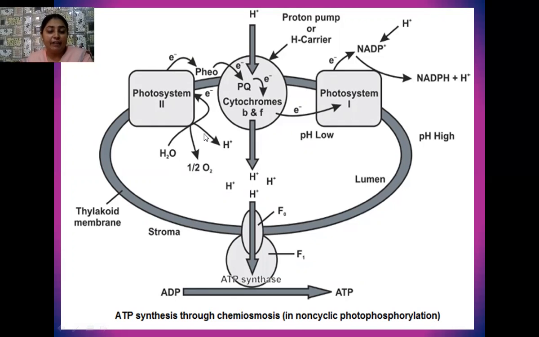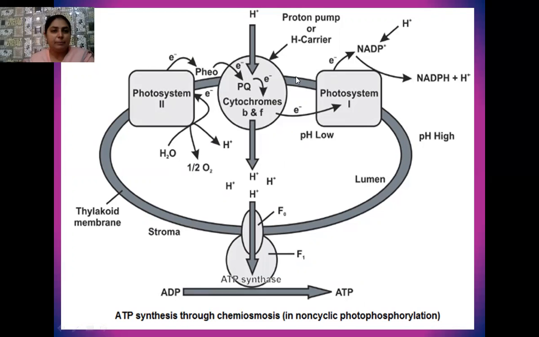Another thing that I want to explain is that inside the thylakoid membrane, photosystem 2 and photosystem 1 are present, and so many electron acceptors are present. Whenever these electrons are transported, they come in contact with various primary acceptors.